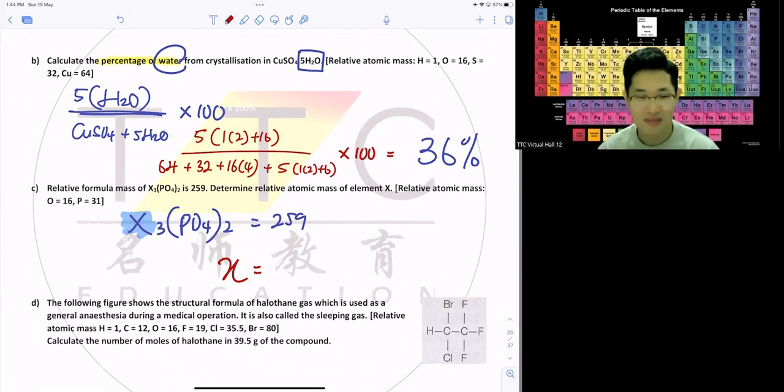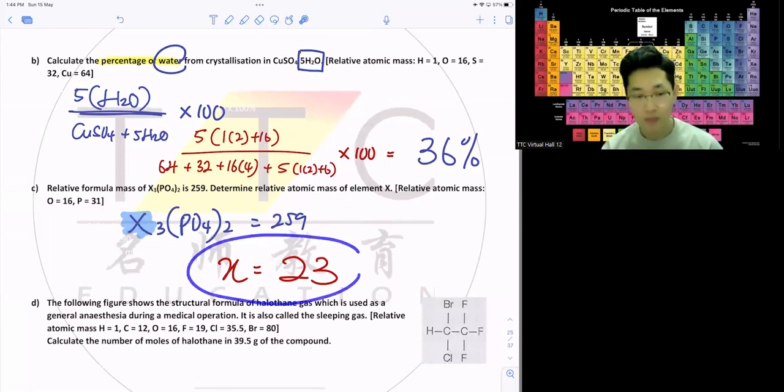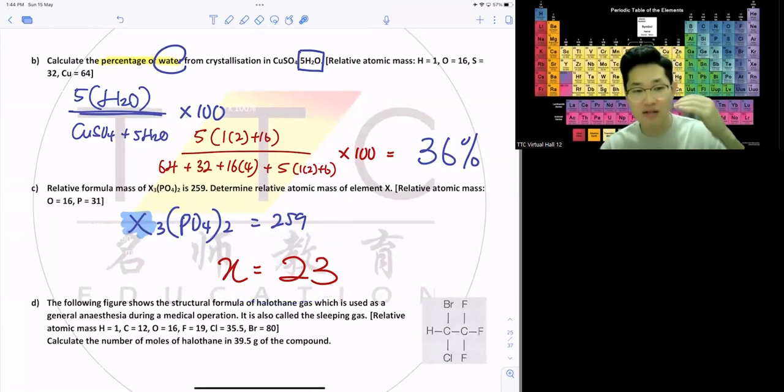Monisha, very good. Isabel, very good. Yes. Just try and press your calculator. If you can't get 23, let me know. If you need help, if you want me to write out the workings, let me know.